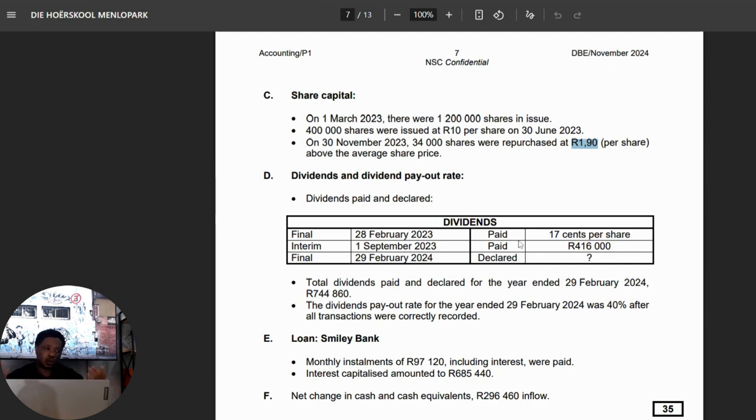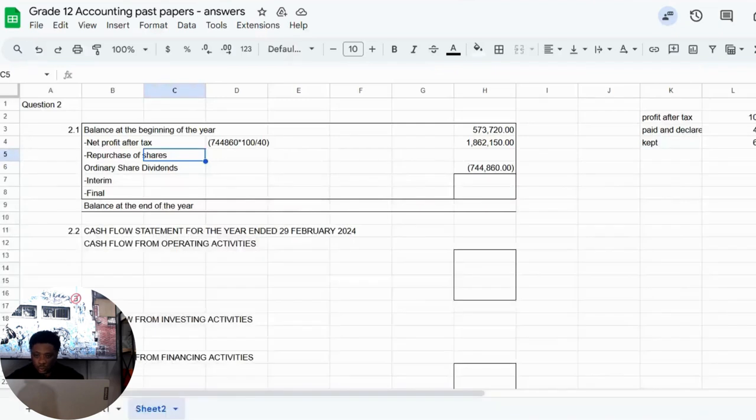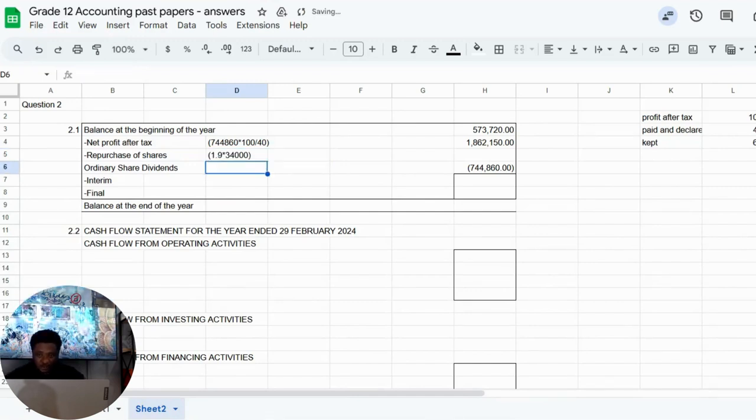But obviously, if we were doing the ordinary share capital note, then we would need to find out the average issue price. But for the purposes of this, we just need the amount above the average issue price. So that's going to be 1.9, and then you're going to multiply by 34,000. So here's the calculation: 1.9 multiplied by 34,000 shares, and that's basically the repurchase.